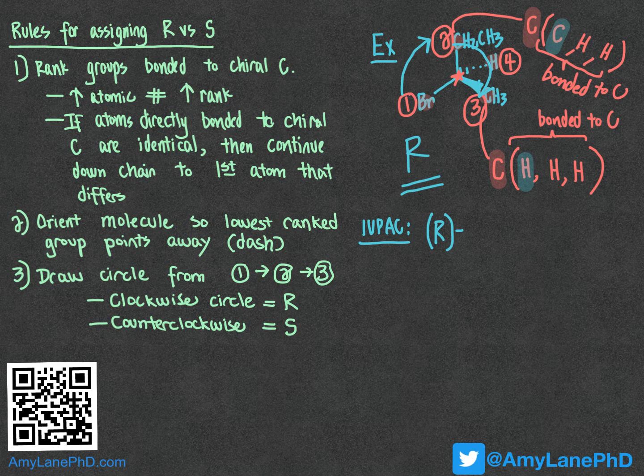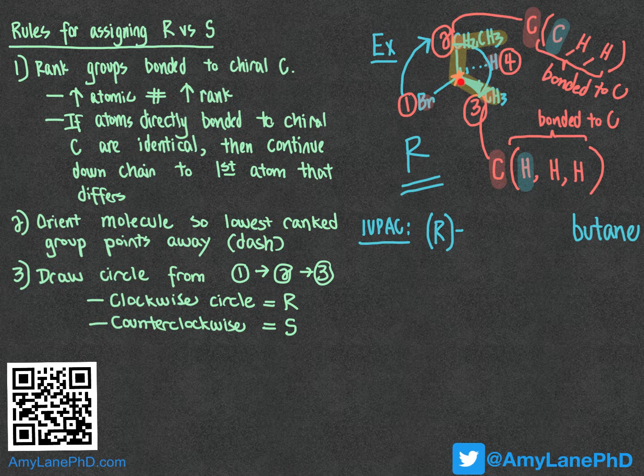IUPAC rules say find the longest carbon chain, where that longest carbon chain will follow through what I've shown in yellow here. That longest carbon chain has a grand total of 4 carbon atoms, methyl group 1, CH2, 2, this carbon 3, and that carbon number 4. So the parent name for this molecule would be filled in as butane, a 4-carbon chain. There's no ketone groups or alcohol groups here to give it butanone or butanol or anything like that.